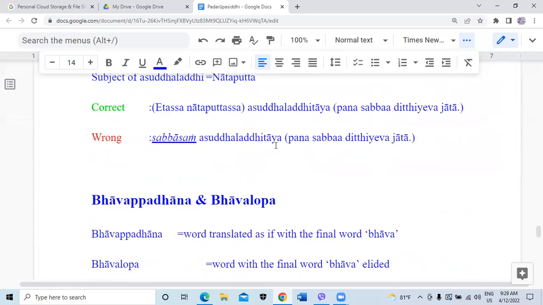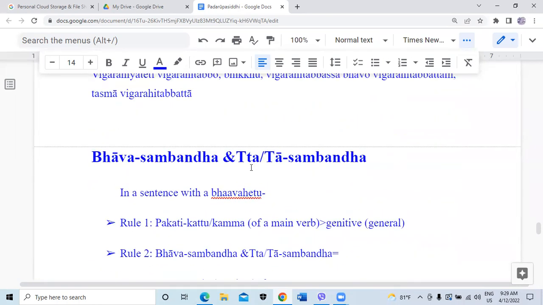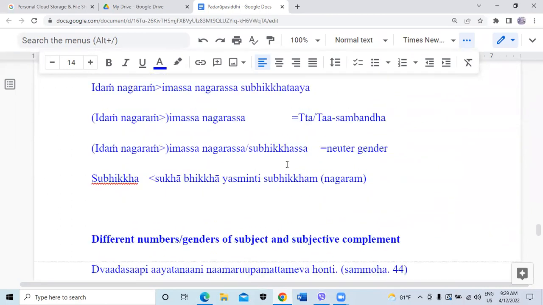Okay. So any question about this Bhava Sambandha, Dhala Sambandha? Any question? No question.